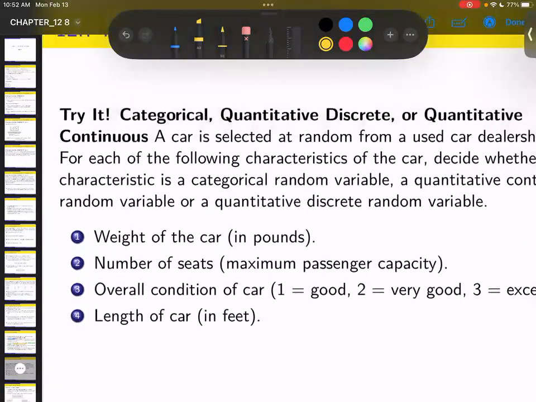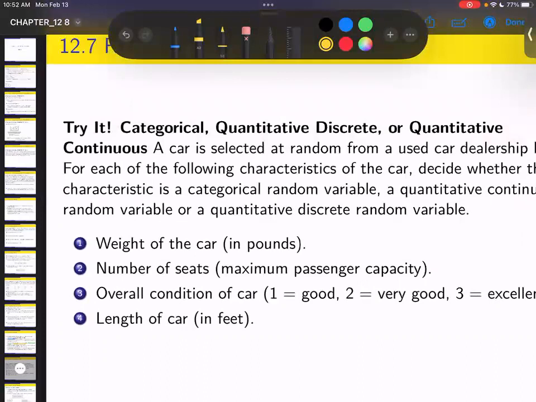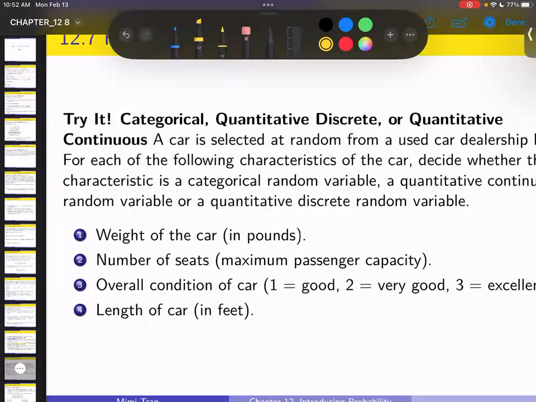Is it continuous or discrete? Oh, first of all, is it categorical, discrete, or quantitative discrete or quantitative continuous? Is it categorical? Weight. No, right? It's numeric.